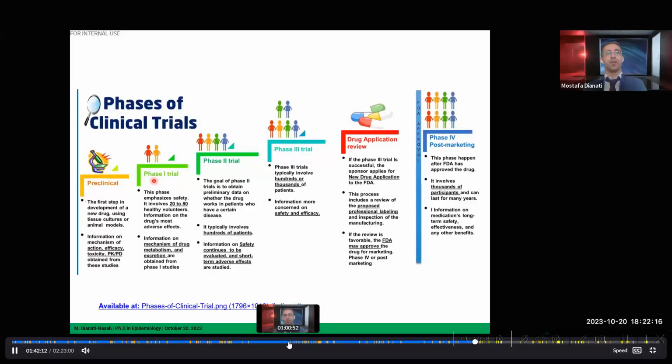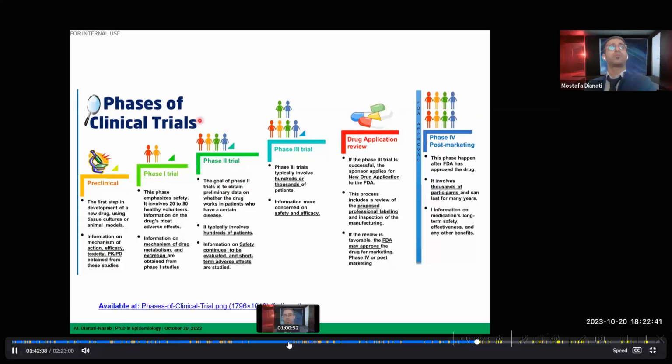Then you have phase 1 trial, which includes limited patients or healthy individuals, depending on your intervention. Basically, a small number of individuals can be included in phase 1, normally 20 to 80 participants.